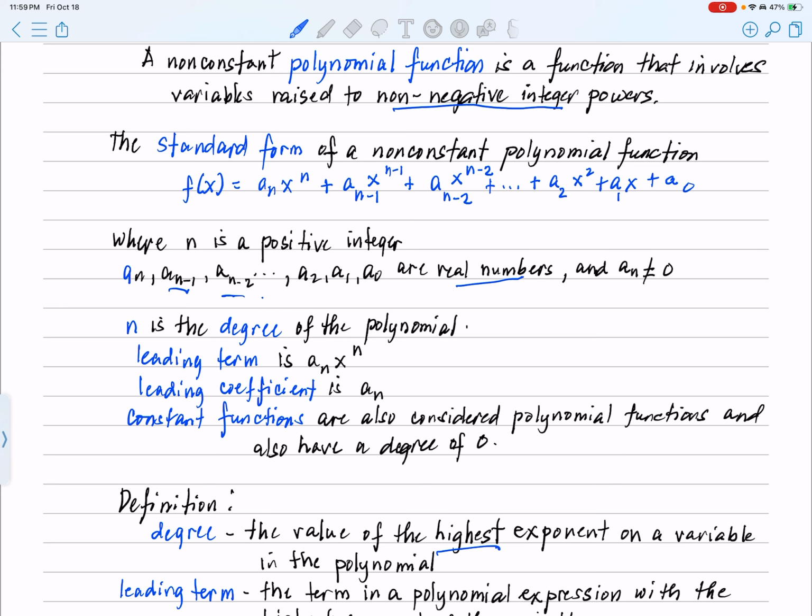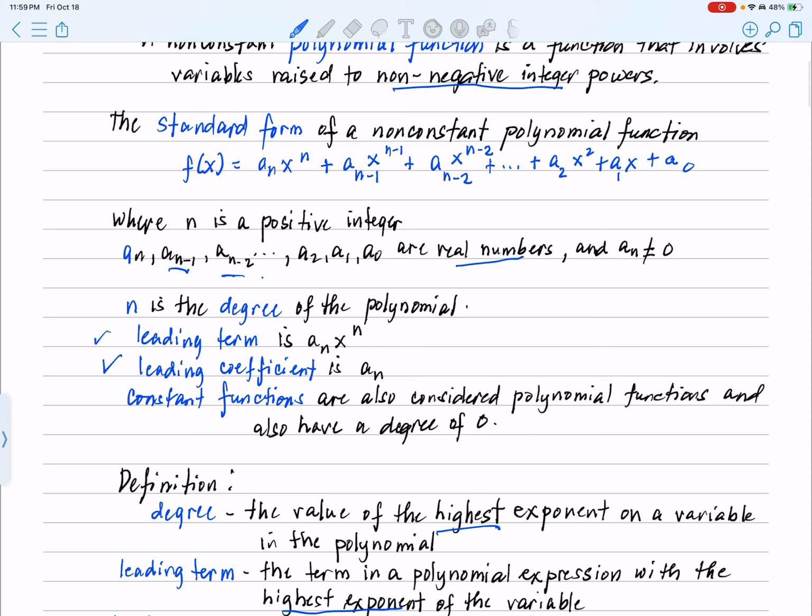The leading term is a sub n x to the power of n. The leading coefficient is a sub n. Constant functions are also considered polynomial functions and have a degree of 0. We'll get to know more on this term as we move on.